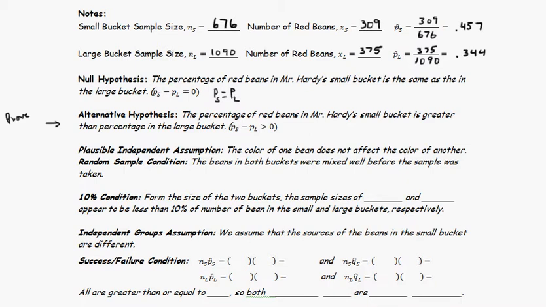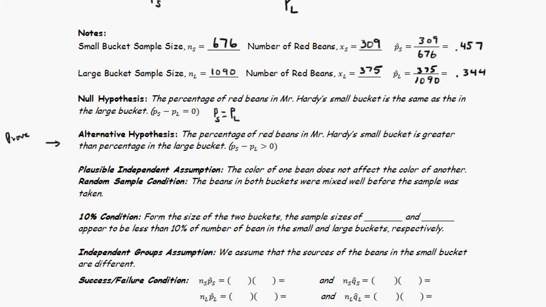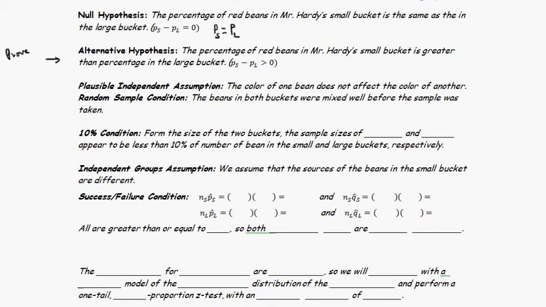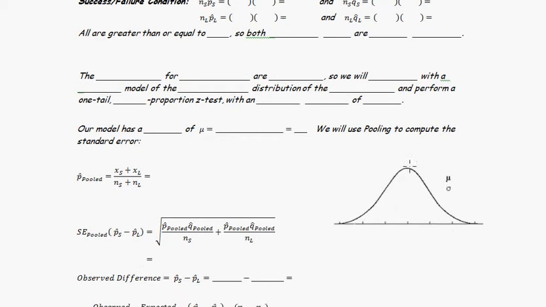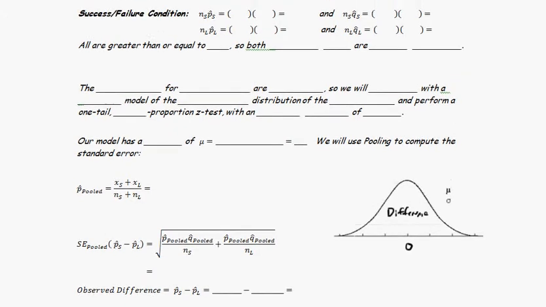So we have some preliminary data established, and we have our hypotheses established. Now what we want to do is use a model, and we already know the hypothesized value of this model is 0, because what we're going to do is model the difference in the two proportions.